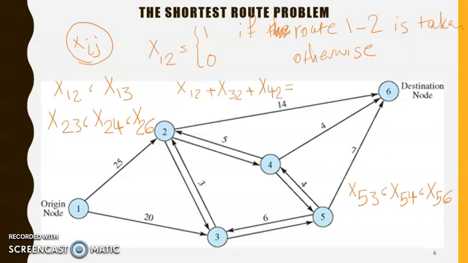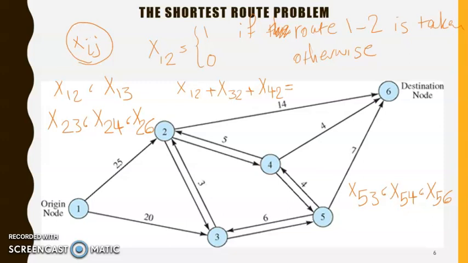It is all the inflow to 2 that must equal the outflow of 2.